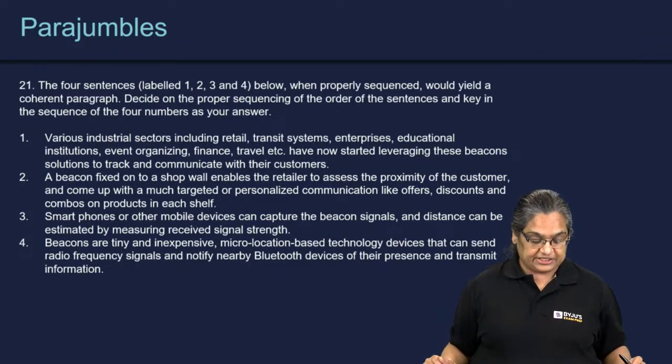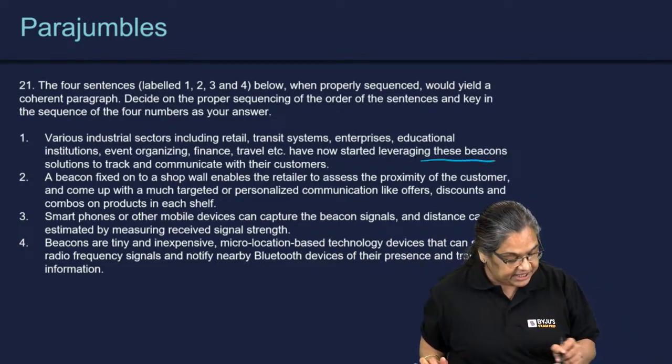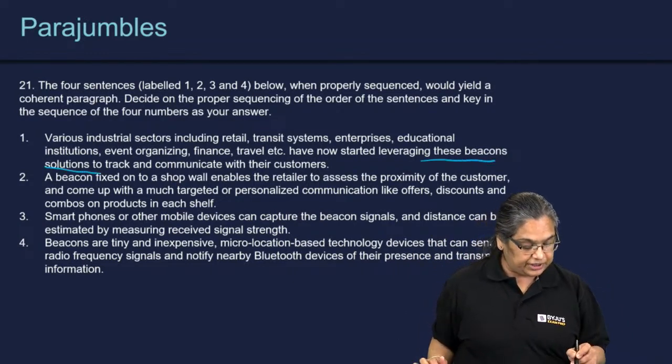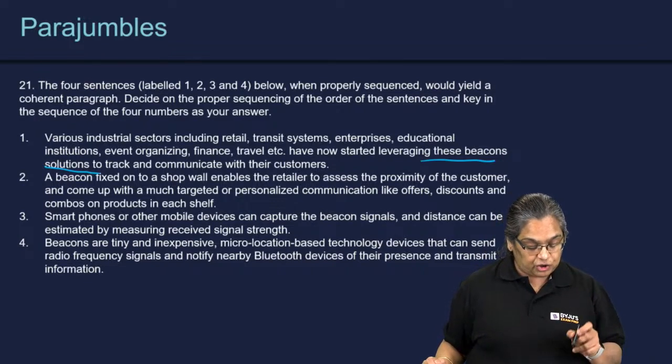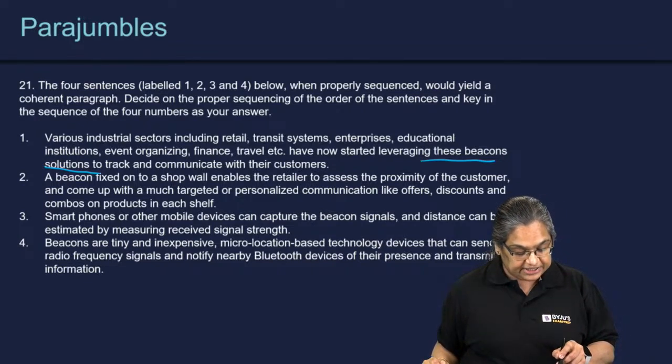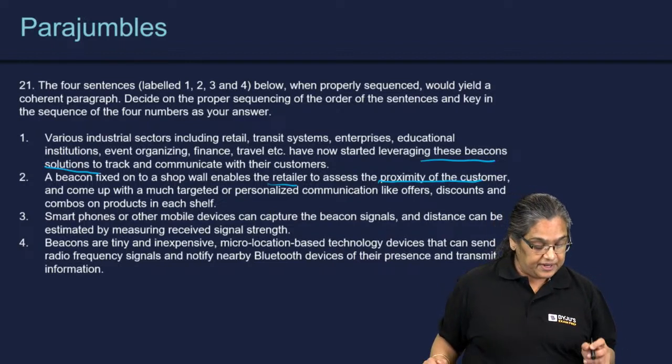Various industrial sectors, including retail, transit systems, enterprises, educational institutions, and so on, have now started leveraging these beacon solutions to track and communicate with customers. A beacon fixed onto a shop wall enables the retailer to assess the proximity of the customer.